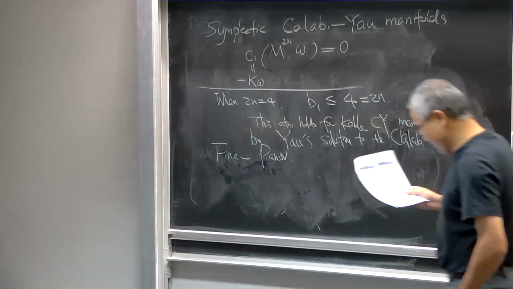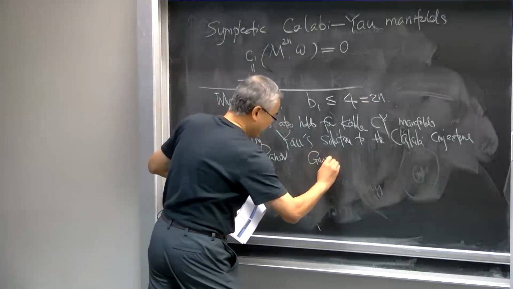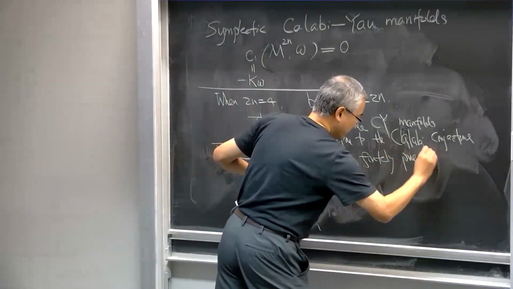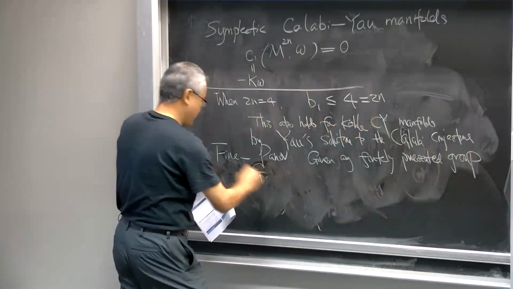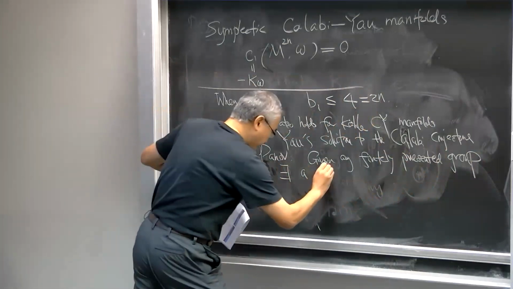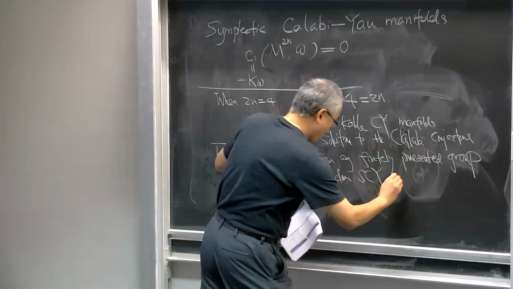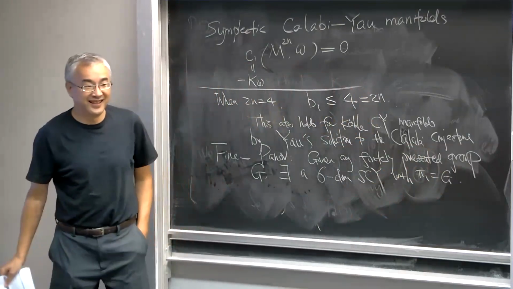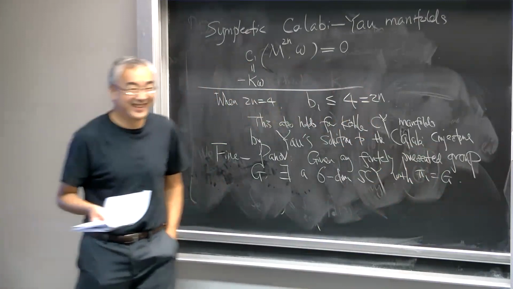In particular, they can show the following: given any finitely presented group, there exists a 6-dimensional symplectic Calabi-Yau with pi 1 given by G. So this is very similar to Gompf's result in dimension 4.